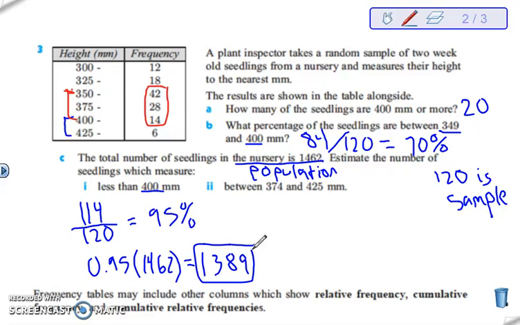So we can do the same thing for the next example. Between 374 and 425. So basically between those, the cutoff is 425, so we only want this. It tells us there's 42 in our sample out of the 120.